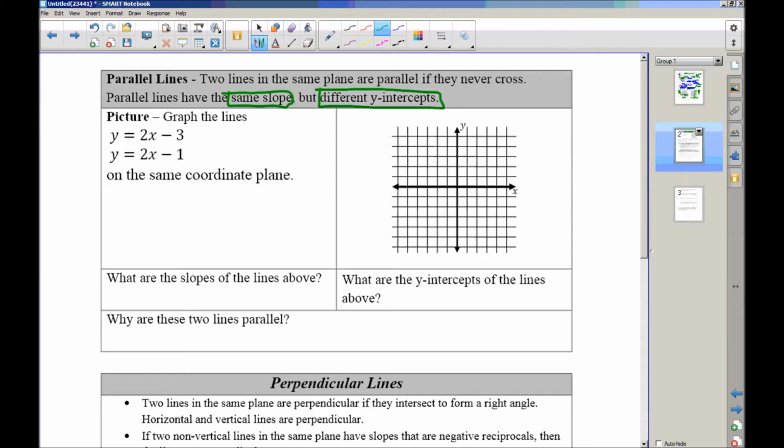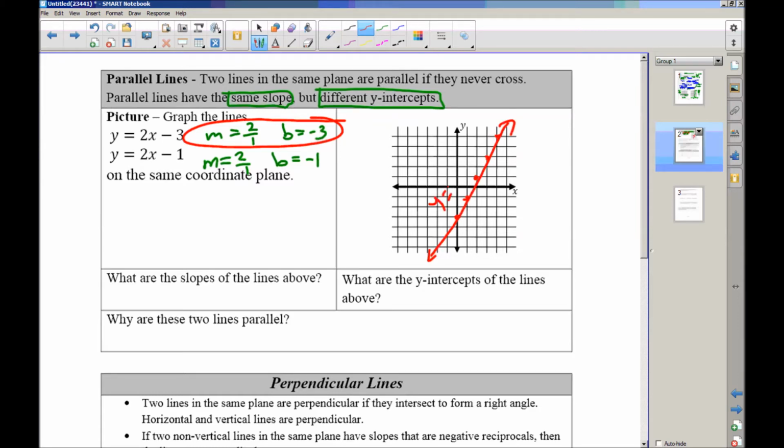So let's graph these lines here and show why they're parallel. So the first one has a slope of 2 over 1 and a y-intercept of -3. The second one has the same slope, 2 over 1, but its y-intercept is -1. So the top one I'll graph in red. Okay, so the starting place is -3, and it has a slope of up 2 and right 1. So there's its steepness value.